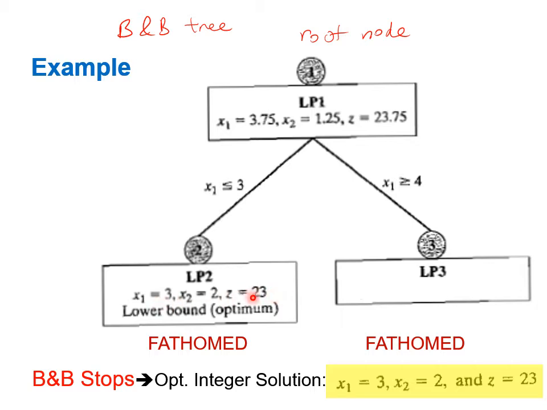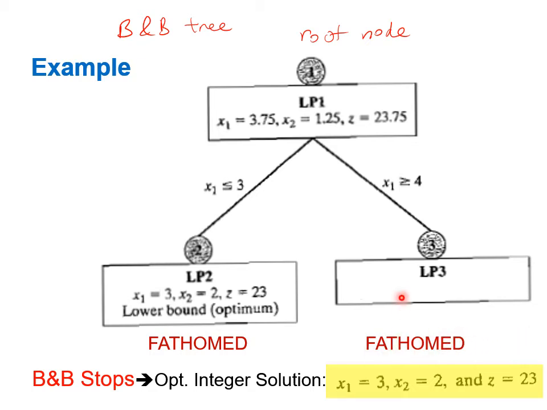We already have a solution which is 23, so we don't need to consider the right-hand side anymore, because we already obtained a solution equivalent to the upper bound. So we fathom this part as well, and the reason for fathoming is that we fathom by bound.